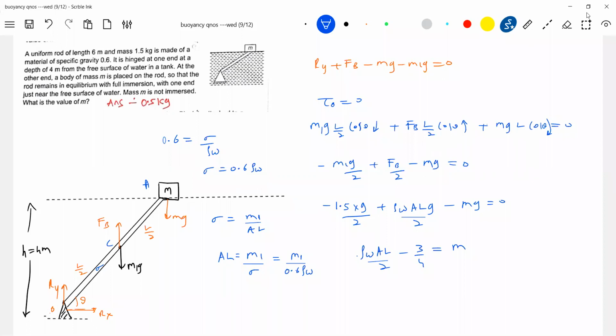So L into rho W, what you can write it as? Substitute that m1 by sigma. See, all some small observations which you have to make. So value of m1 we know, 1.5. Substitute that and solve, you get the mass of the particular block.